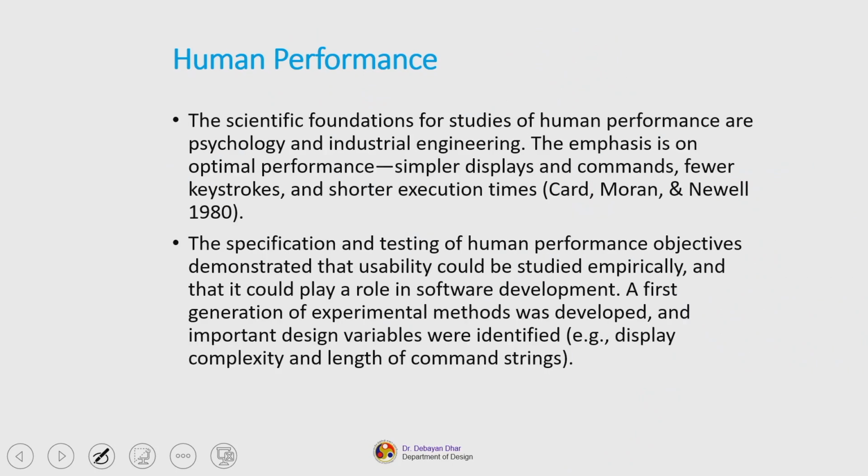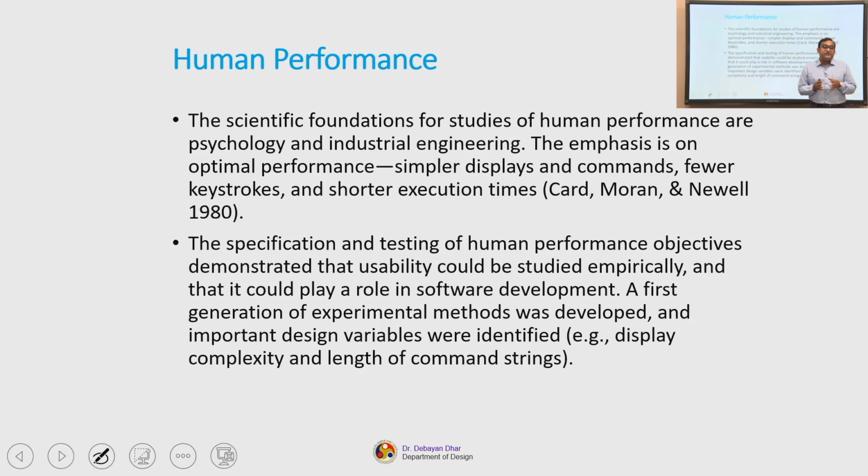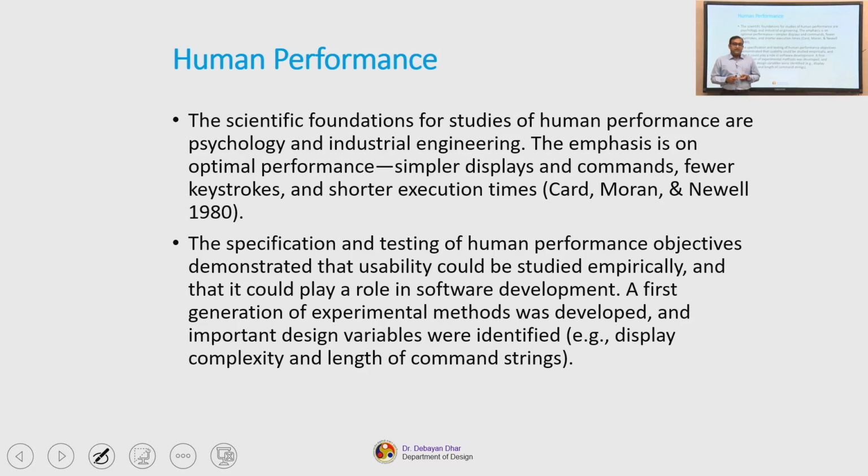The scientific foundations for studies of human performance are psychology and industrial engineering. The emphasis for this is on optimal performance, simpler displays and commands, fewer keystrokes and shorter execution times.